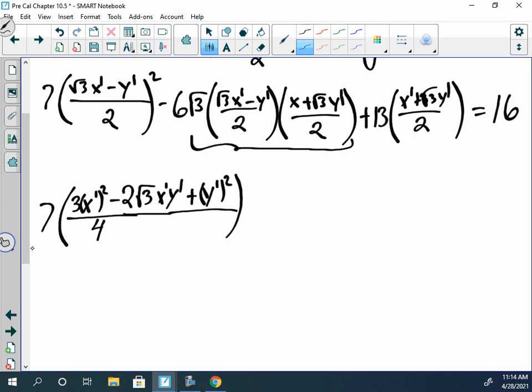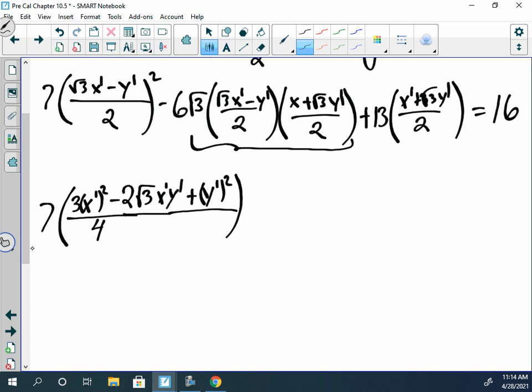This is coming from, in a general sense, a minus b times a minus b, where we would get a squared minus ab minus ab plus b squared. So a squared minus 2ab plus b squared.